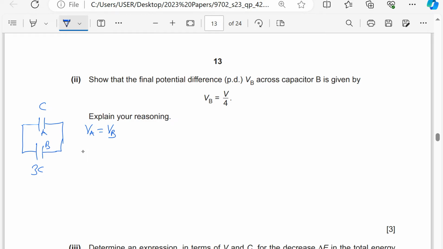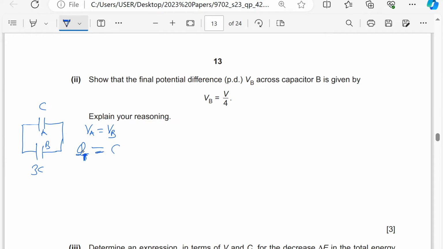But remember, the total charge which was on A, let me call it Q total.